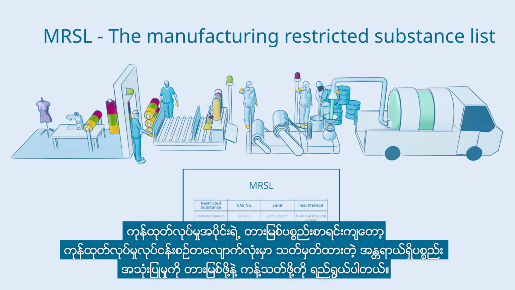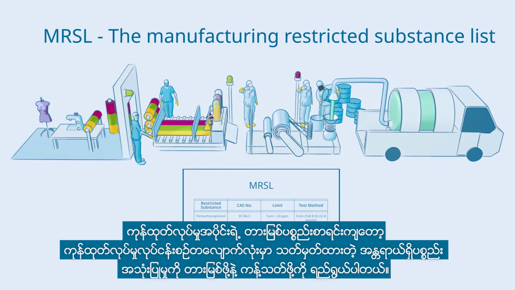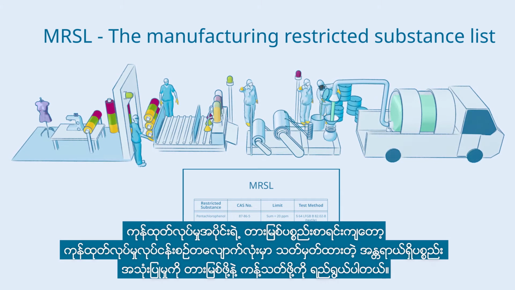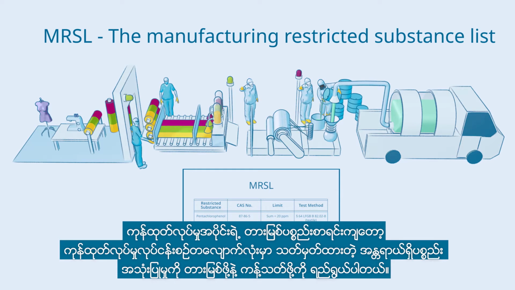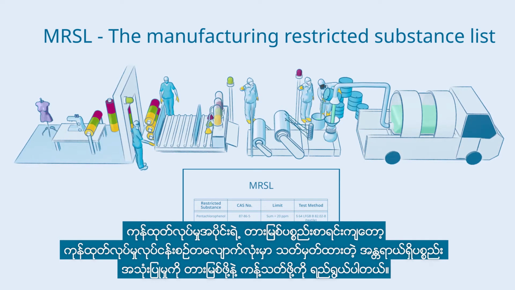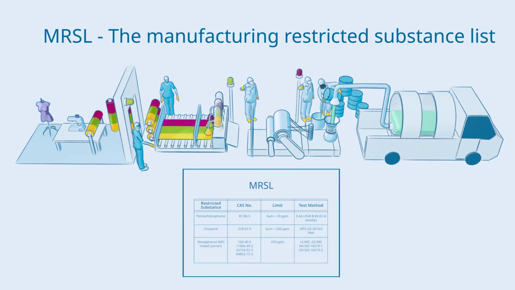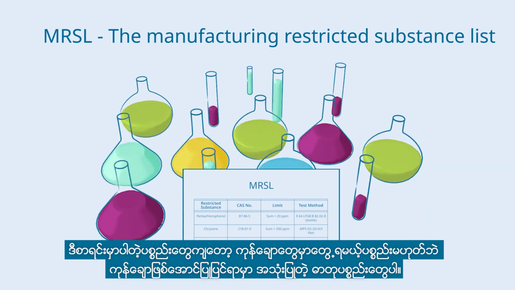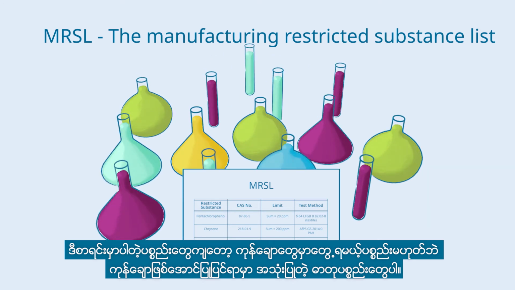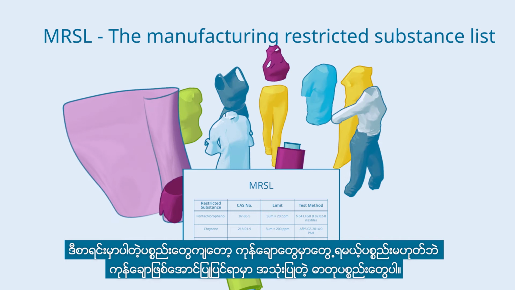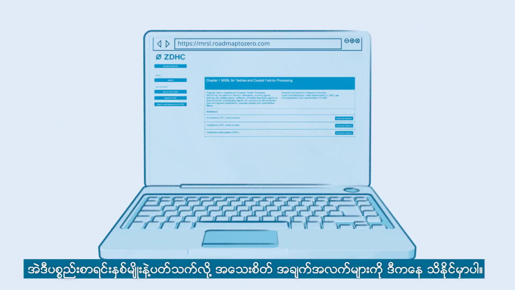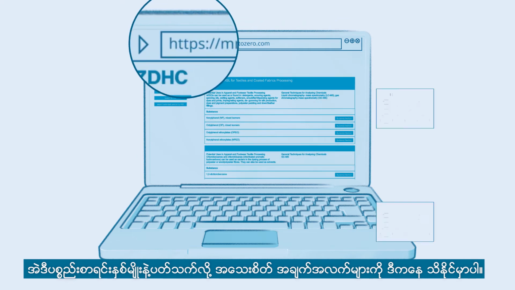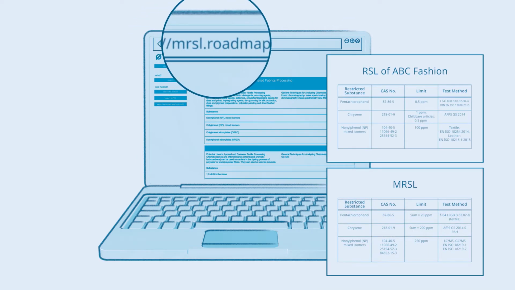The Manufacturing Restricted Substance List focuses on preventing and restricting the usage and the presence of specific hazardous substances throughout the entire manufacturing process. This list includes process chemicals which may be used in the manufacturing but are not present in the end product. You can find more detailed information on RSL and MRSL here.